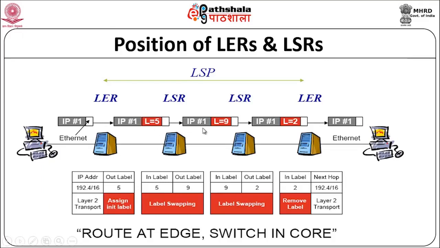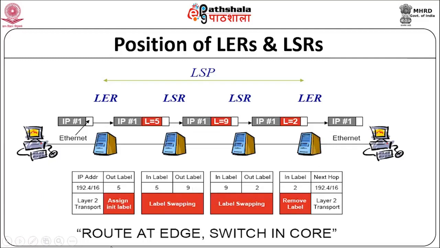Now when the packet comes to this LSR, we do what is called label swapping. So 5 is replaced with 9, and similarly at the next router 9 is replaced with 2. The in label and out label are available in your forwarding table. Looking at that, you do the label swapping, and at the egress router, this LER, you remove the label and send the packet out.